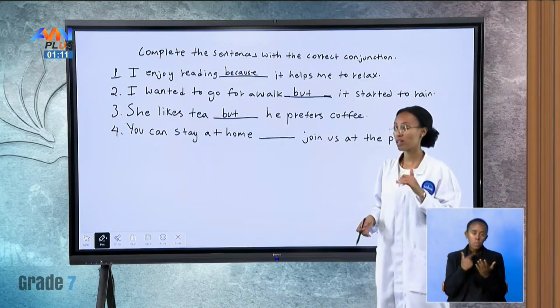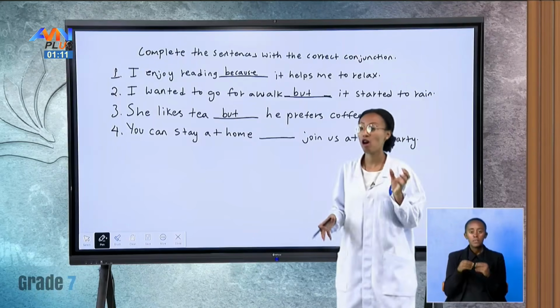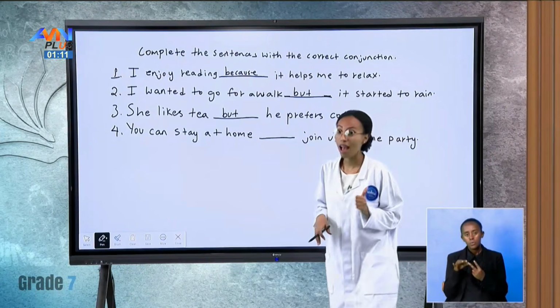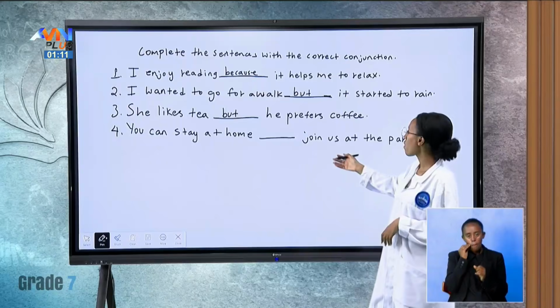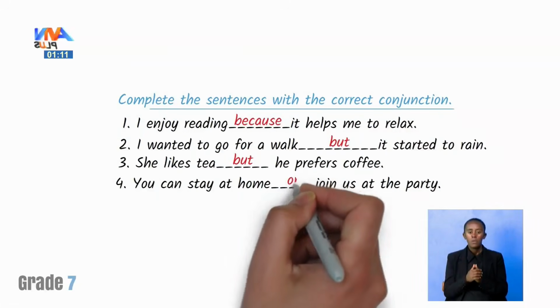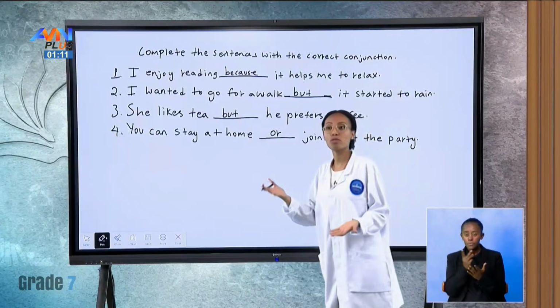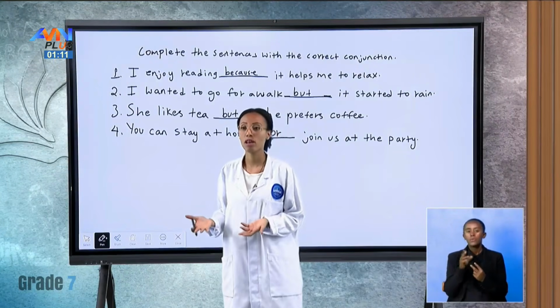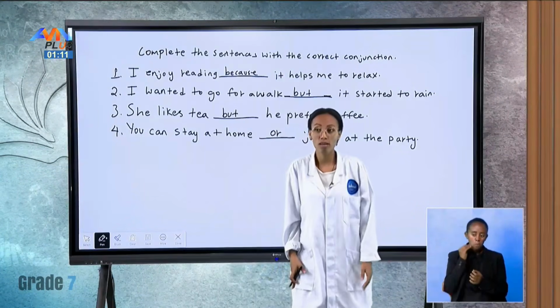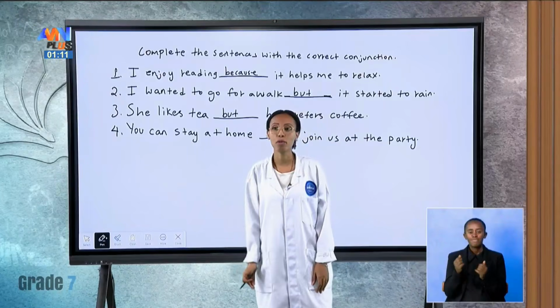So this one feels like it's giving what? An option. You can stay at home or join us at the party. So 2 options or 2 alternatives. We could stay at home or you could be with us at the party.